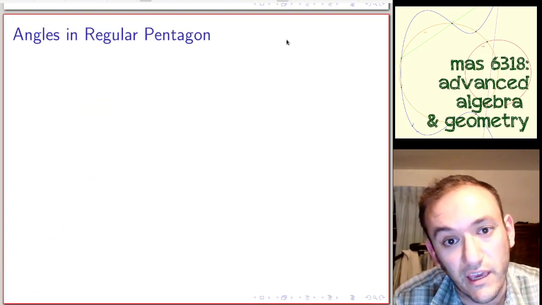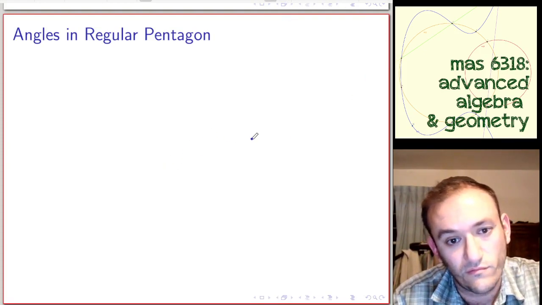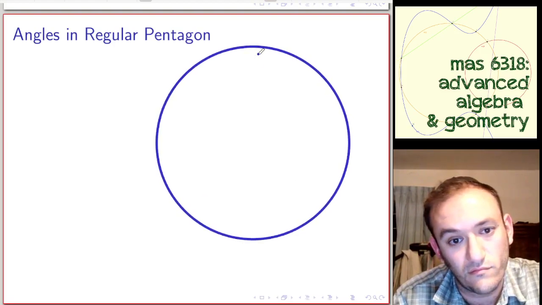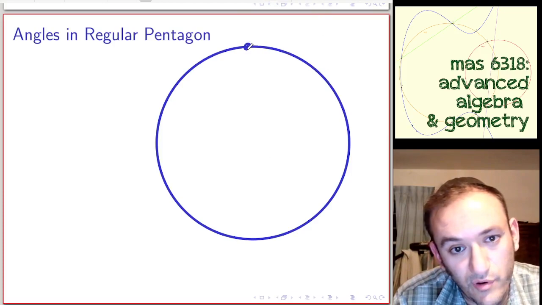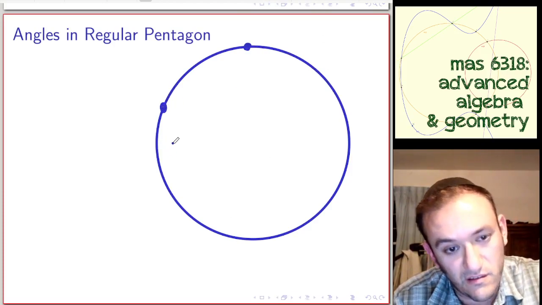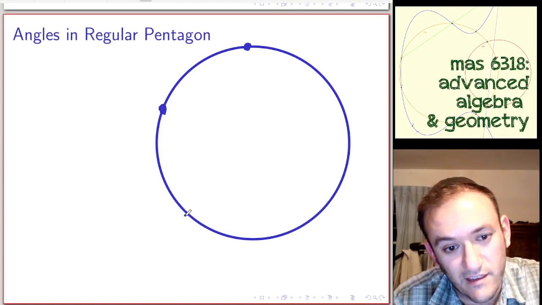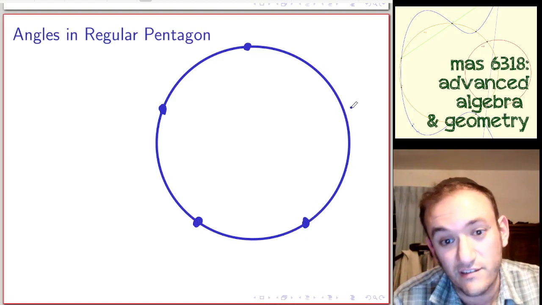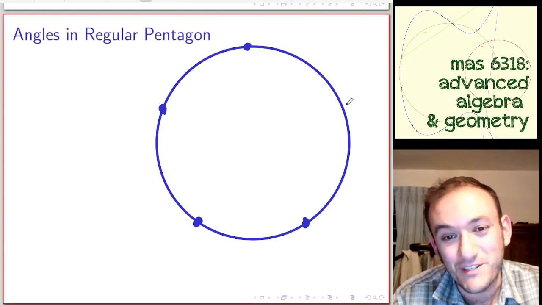So let's draw a circle. Okay, and we can draw some points approximately evenly spaced around here. Trying for evenly spaced is really a fool's errand unless we use constructions with compass and straight edge like we will in GeoGebra.